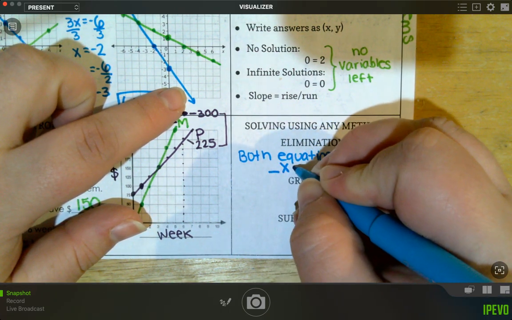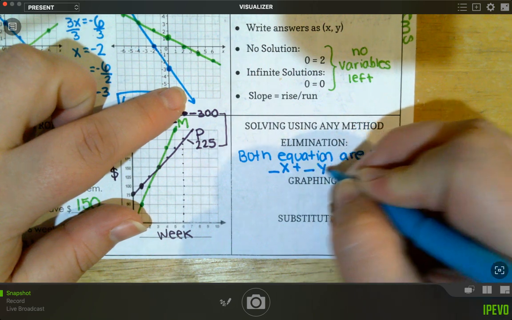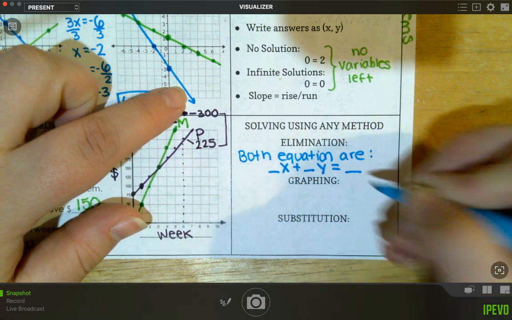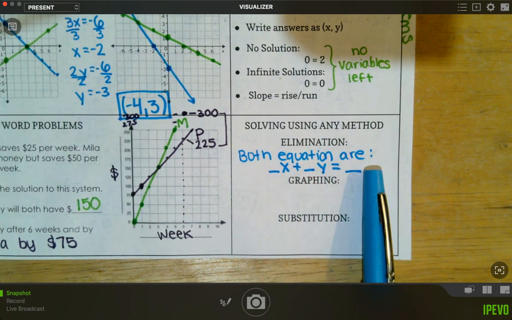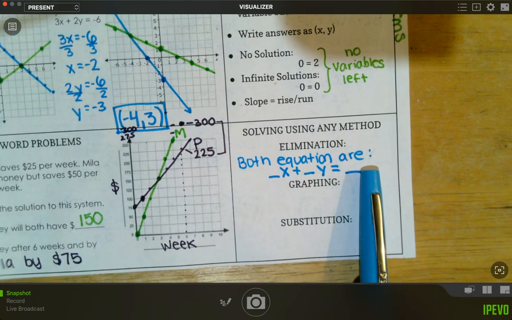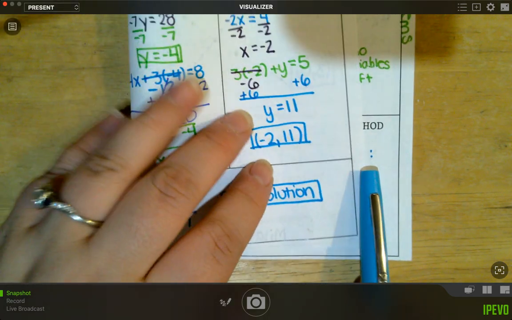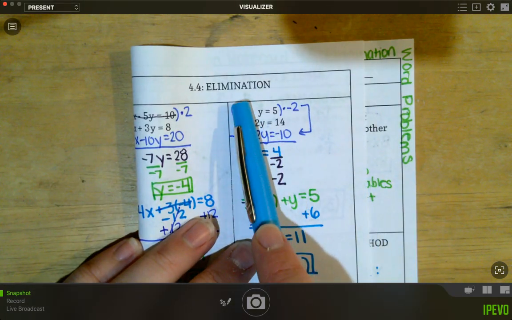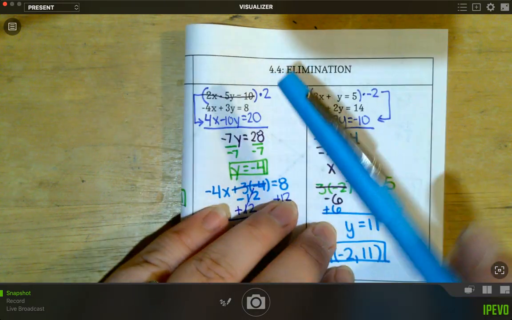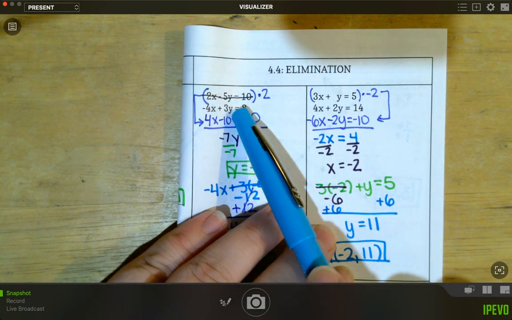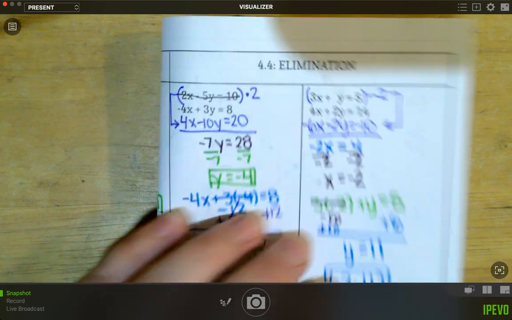Something times x plus something times y equals something. Okay, here's what I mean by that. On elimination on the back side, they were all x, y equals something. X, y equals something. Okay?